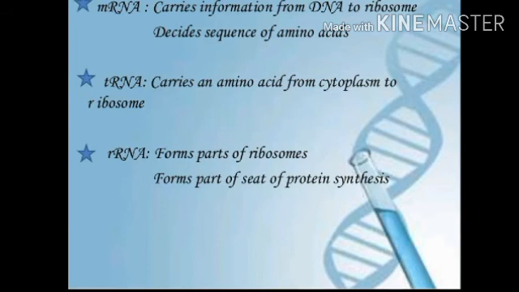Transfer RNA is another type of RNA which carries a specific amino acid from the cytoplasm to the ribosome for forming a polypeptide chain. Ribosomal RNA is also present in the ribosome to form the site of photosynthesis.